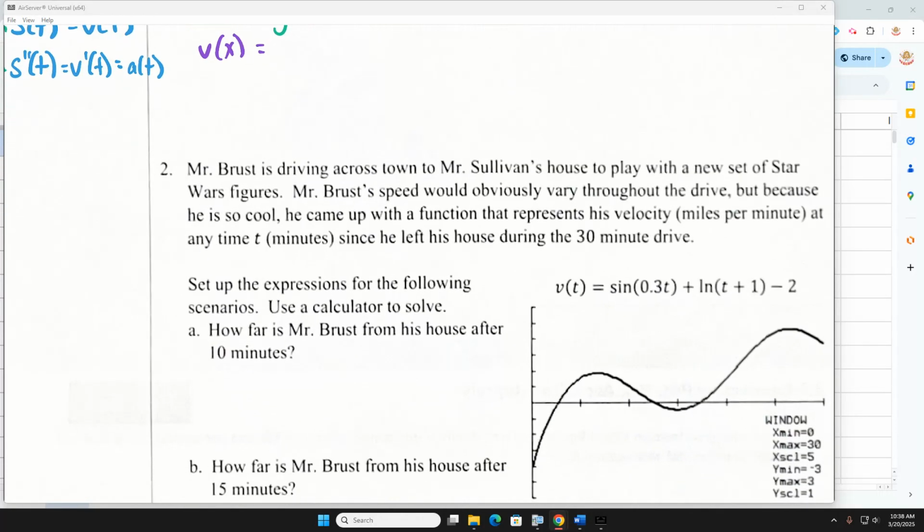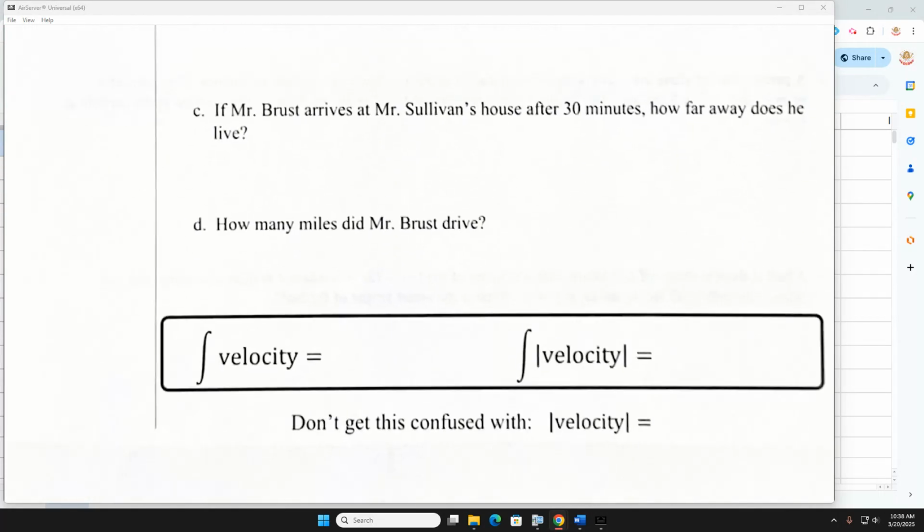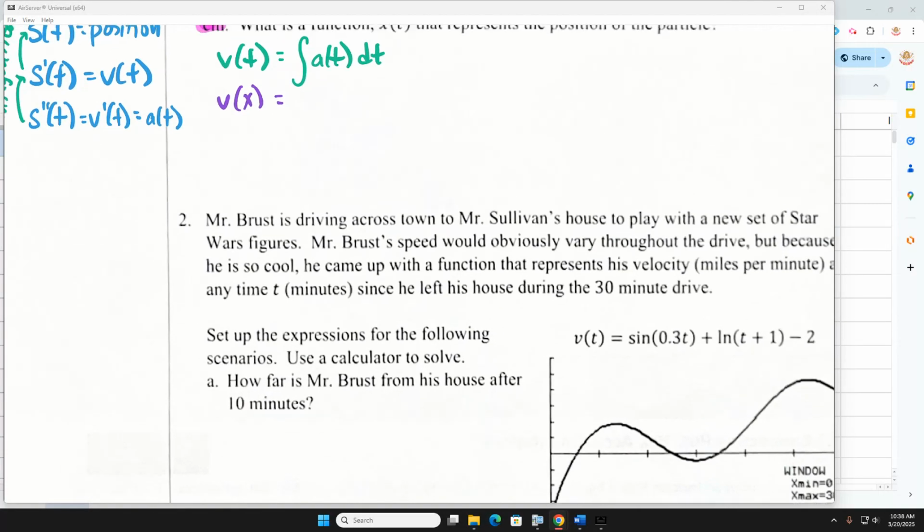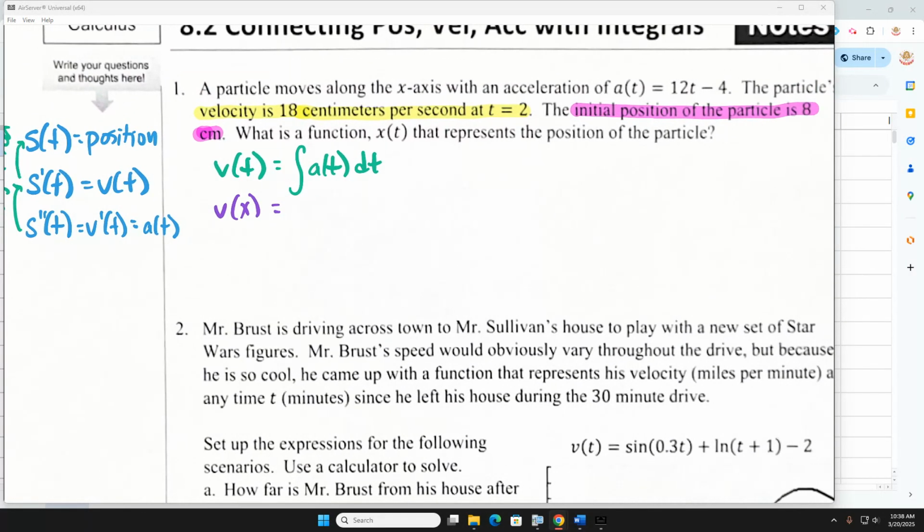And the ones that aren't, we're probably going to use the calculator to find it. So the actual calculus we're doing today isn't going to be crazy difficult. We are going to find the integral of this by adding 1 to the power and dividing by the new power.